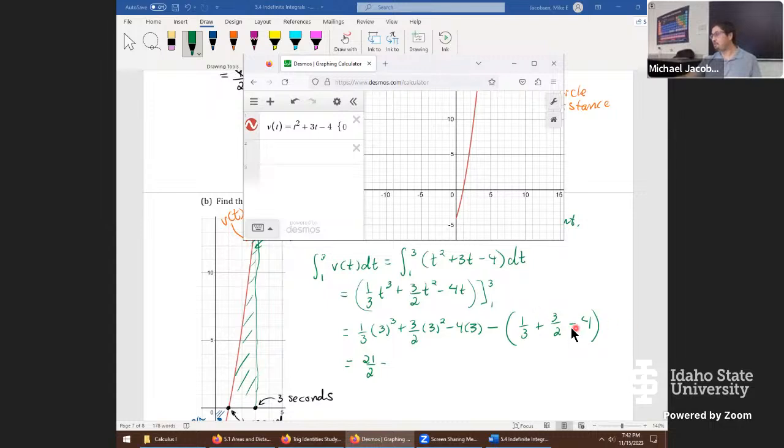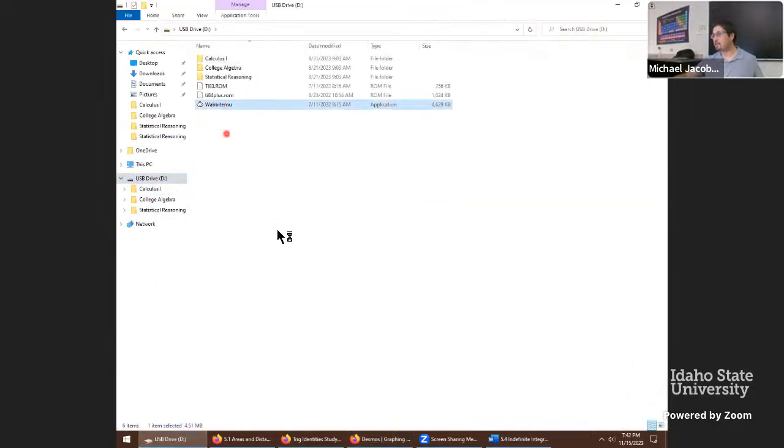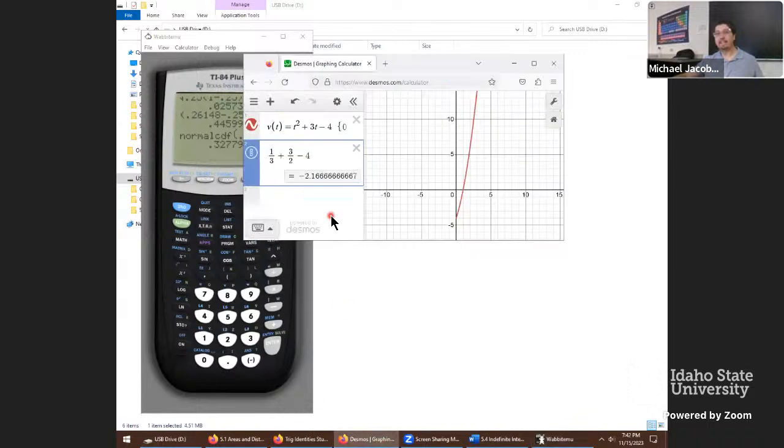So all I'm going to do for this portion right here is go 1/3 plus 3/2 minus 4. It's a little bit inconvenient. It's negative 2.16667. But if you use a calculator like this one, you can get that in a fraction form really pretty quickly.